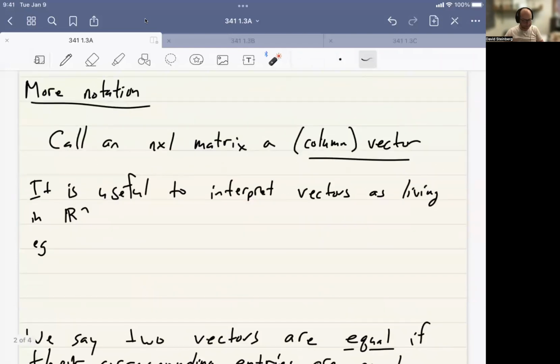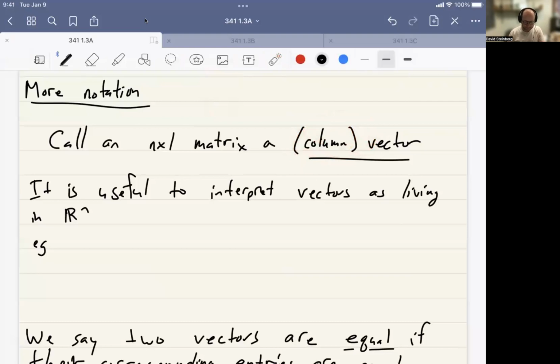Okay, let's do a little more notation here. An n by 1 matrix, one of these tall thin boys, is called a (column) vector. I put column in parentheses because we're not going to talk about row vectors for a long time. So if I just say vector, it's safe to assume I mean a column vector. And it's always useful to interpret these vectors as living in Rn.